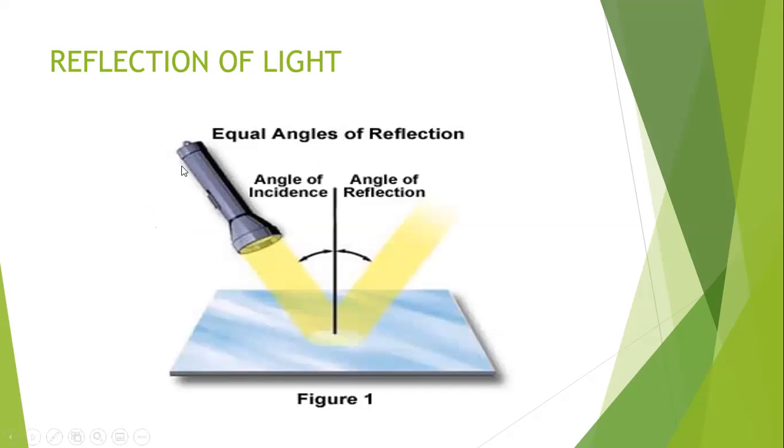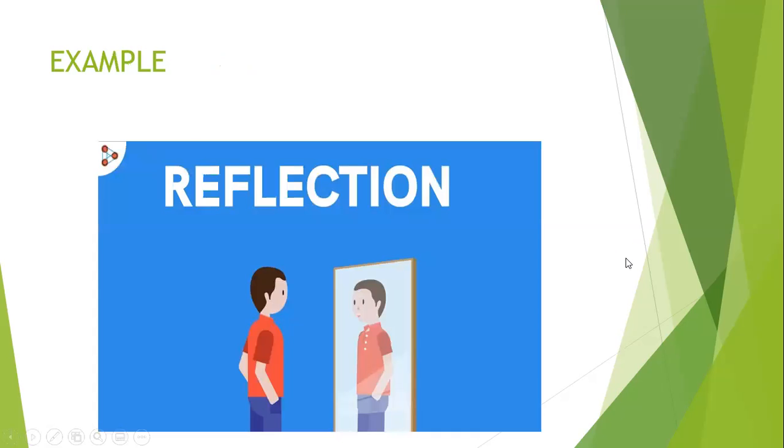Here you can see the reflection of light from this torch. Light from the torch hits the plane surface and reflection of the light takes place with the same angle from the normal. This is an example of reflection.